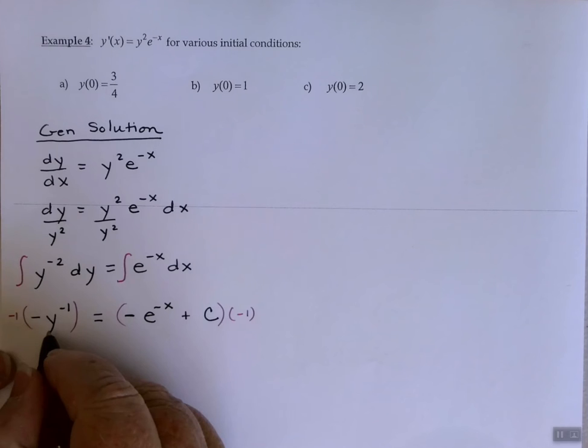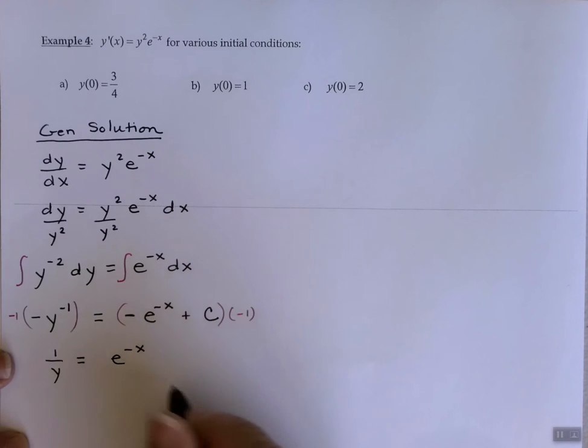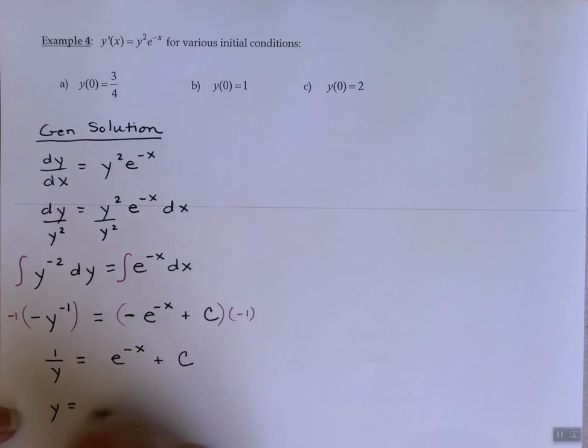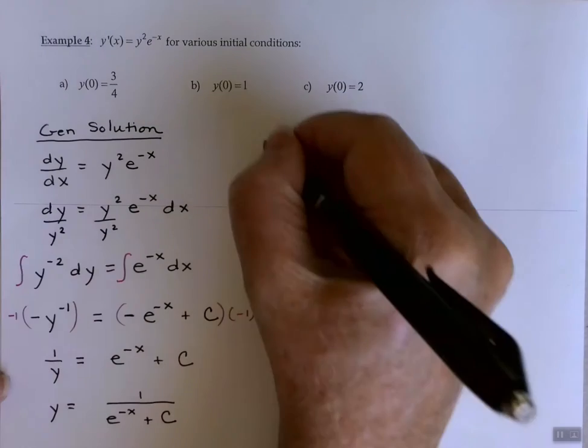So I have y to the negative first, or 1 over y, equals a positive e to the minus x. And again, negative 1 times c is just another constant, so I'm just going to continue to write plus c. That's the reciprocal of y, so y would be the reciprocal of this. So there's my general solution.